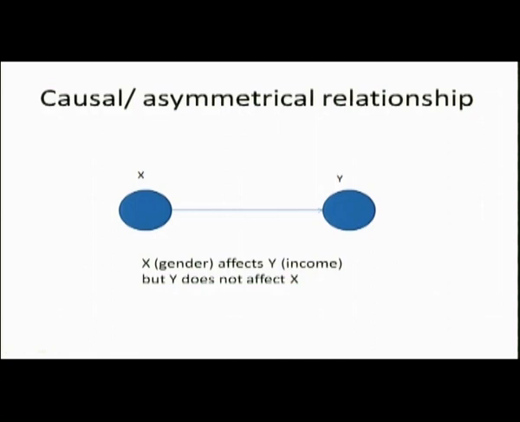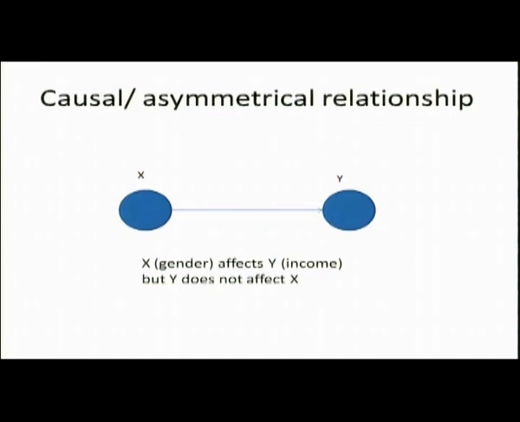Now, more on the nature of relationship. As I said, a relationship is causal if changes in x at one point of time produce changes in y. X may be gender and y may be income. Gender affects income.